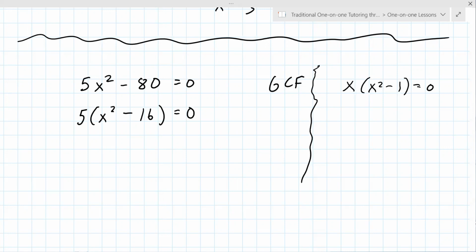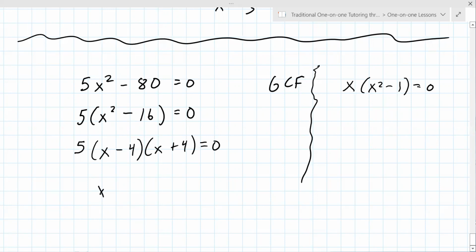So then that would leave you with x squared minus 16. I mean, you can still technically factor that, right? You want to make this into difference of squares. Okay, so x minus 4 and x plus 4. So you can just continuously break it down.